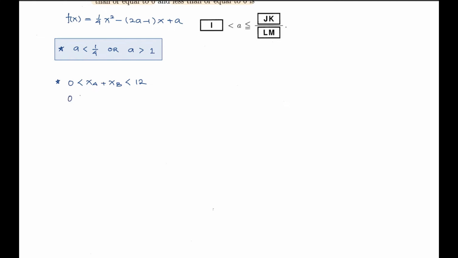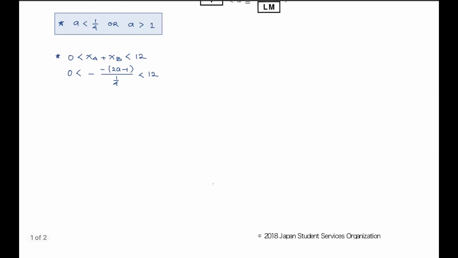So 0 is less than negative b over a, less than 12. We can cancel out negative here.